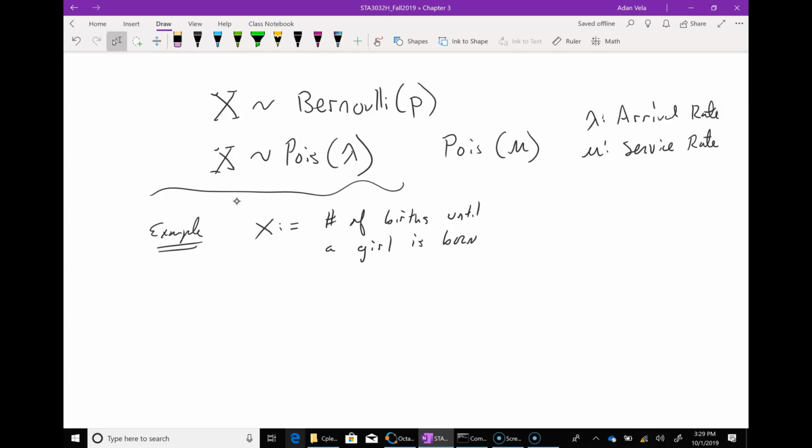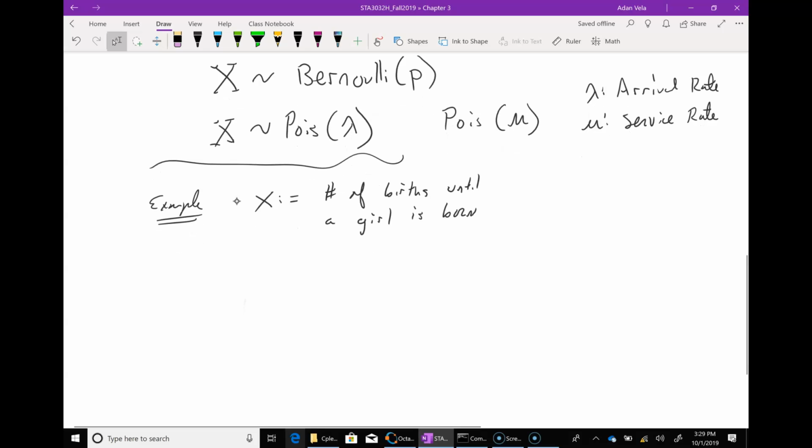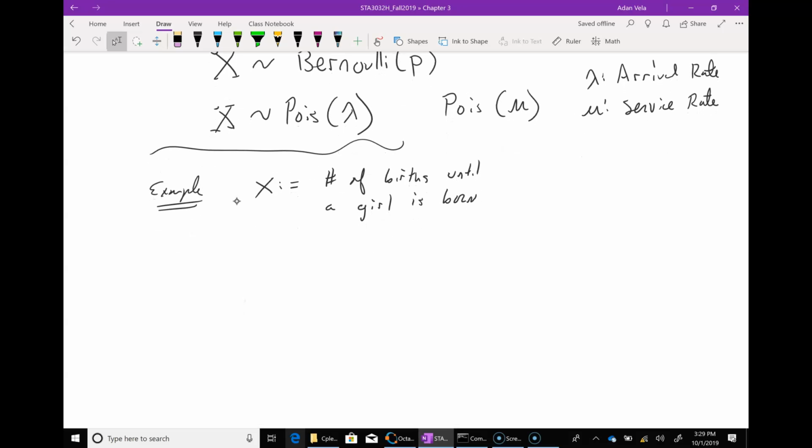Okay, so we have our random variable, or at least we've defined it. And so we can think of our sample space, right? We can have a few different things. I could have a girl right away, so that's one option. Another option is I have a boy and then a girl, or a boy, boy, girl, boy, boy, boy, girl, and so on. All right.